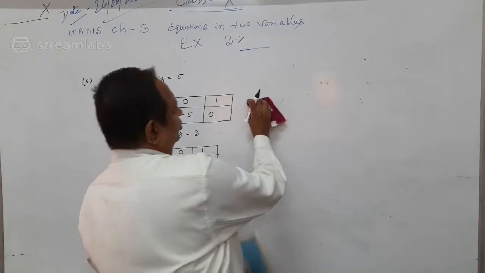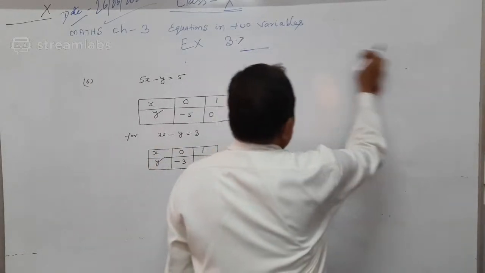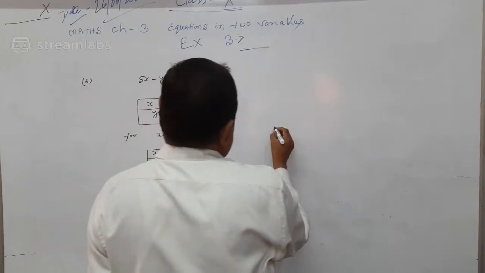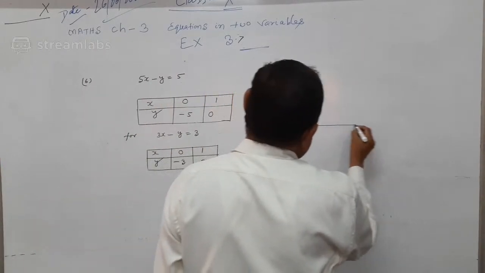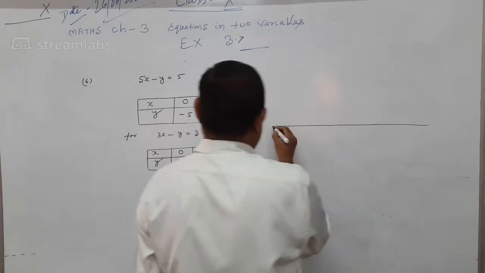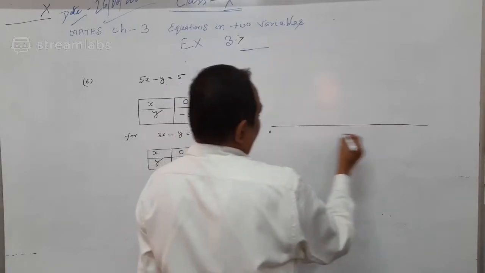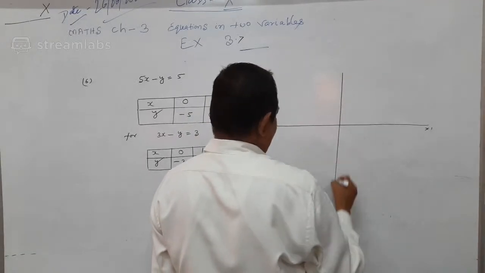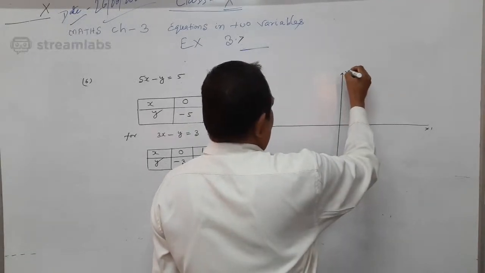Now draw two perpendicular axes. This horizontal line is called x-axis, x dash, and this is y-axis, y dash.